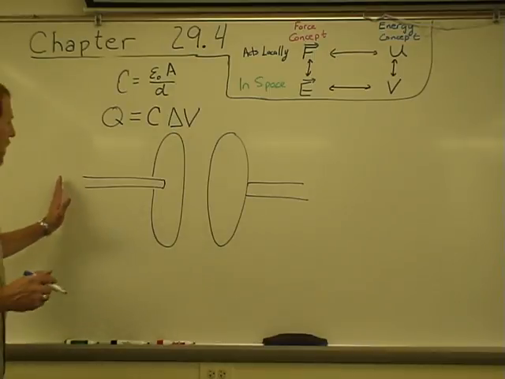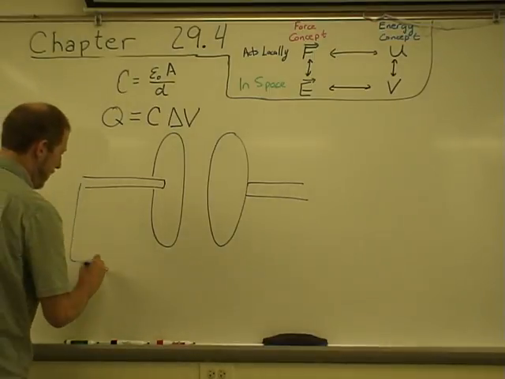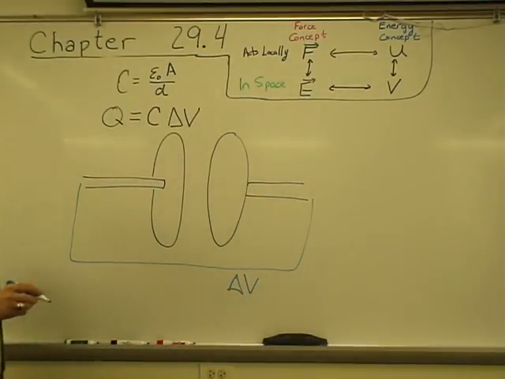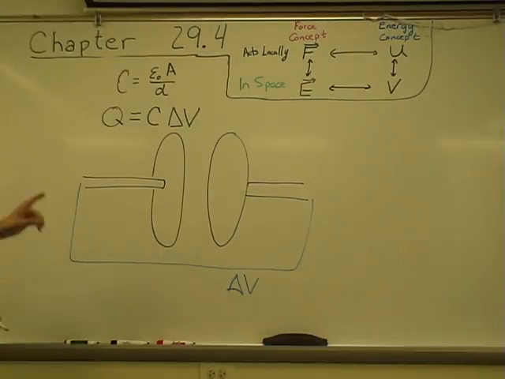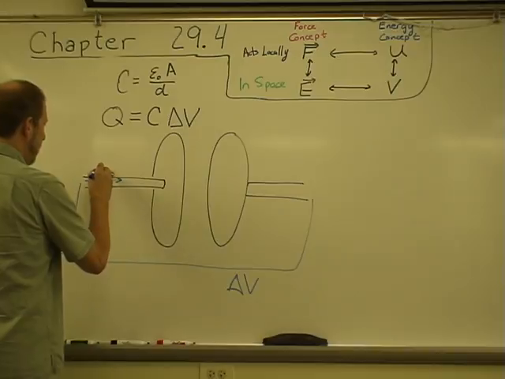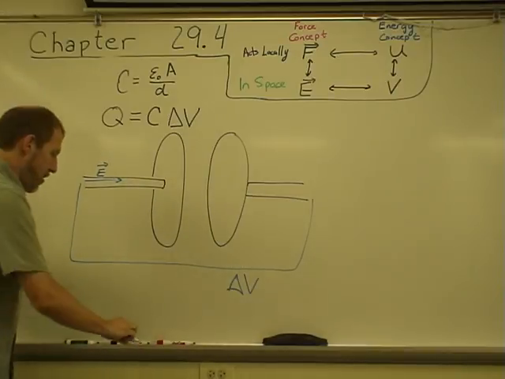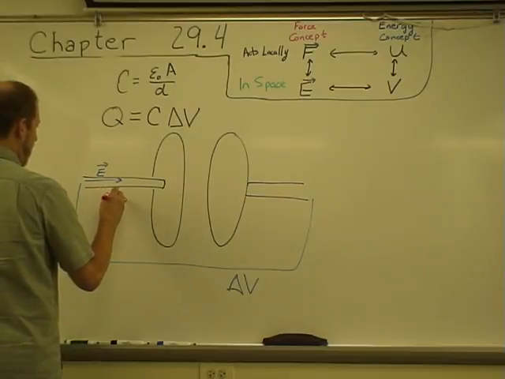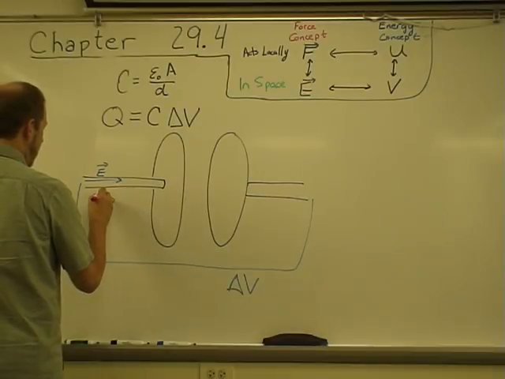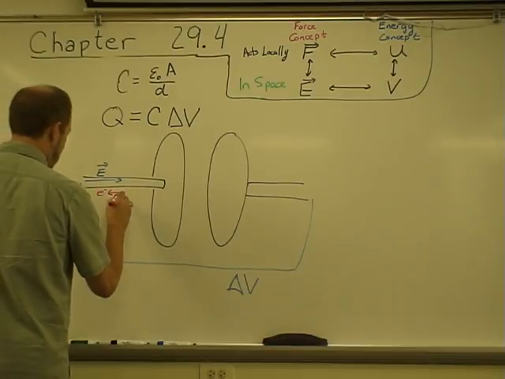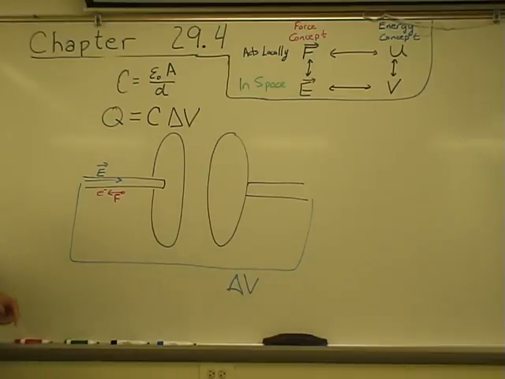So if I establish some change in electric potential between those two points, what that means is that I'm generating an electric field in the wire, which means that I'm generating an electric force on any electrons that travel.